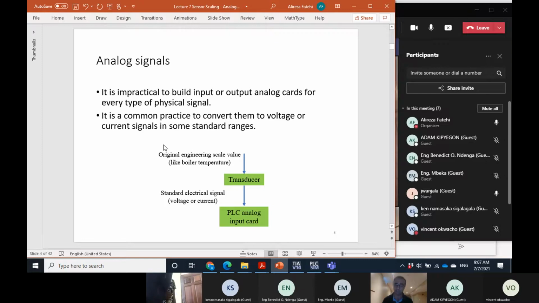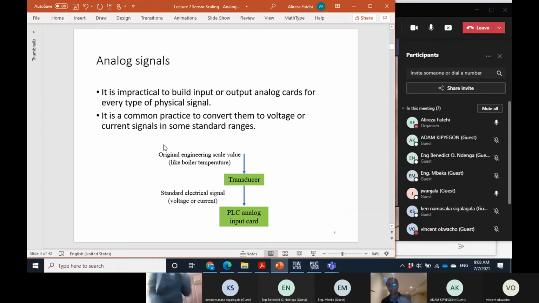So it is impractical to expect that the PLC can understand the original signal generated by those sensors. Every sensor initially generates some signal, like, for example, a thermocouple, which generates a voltage.